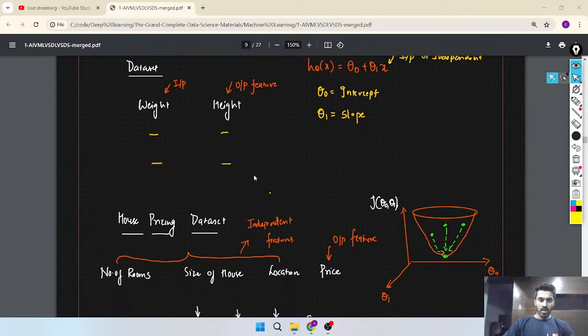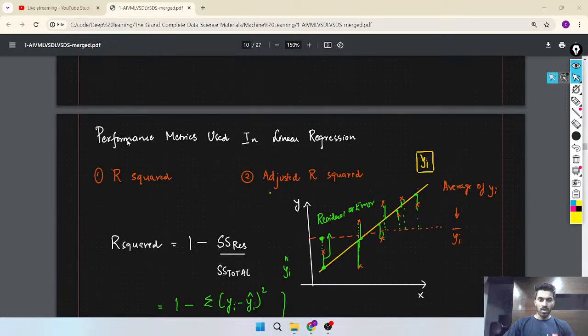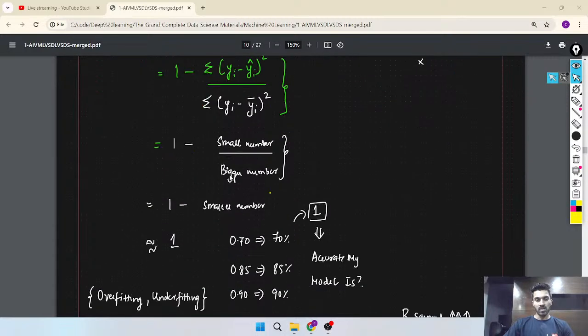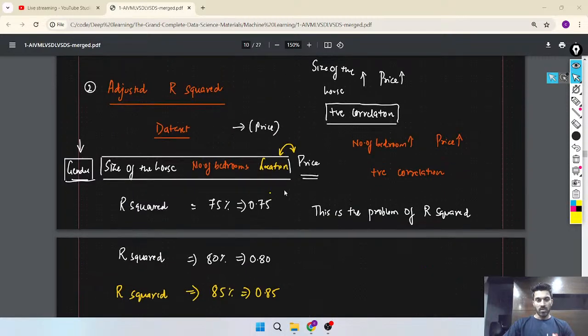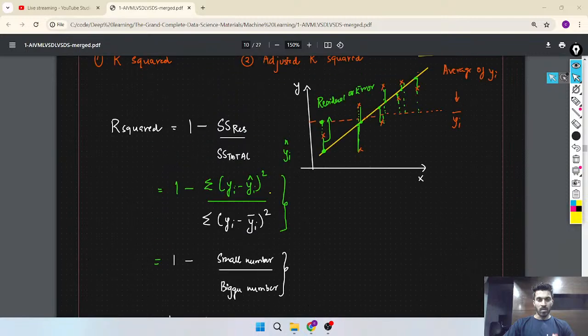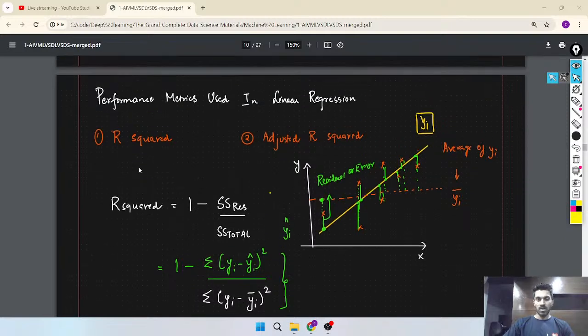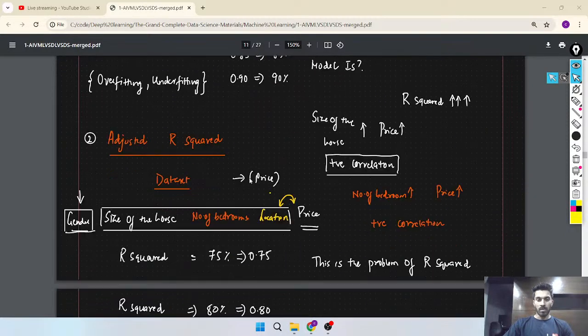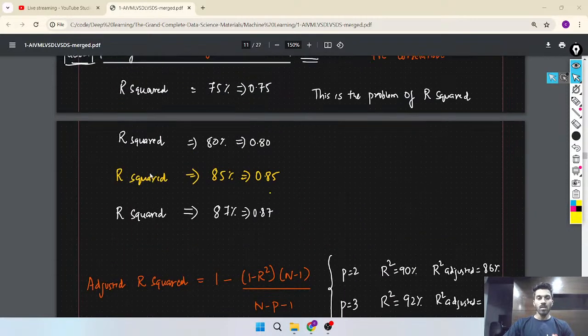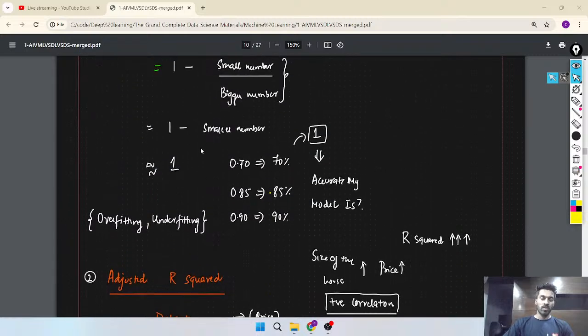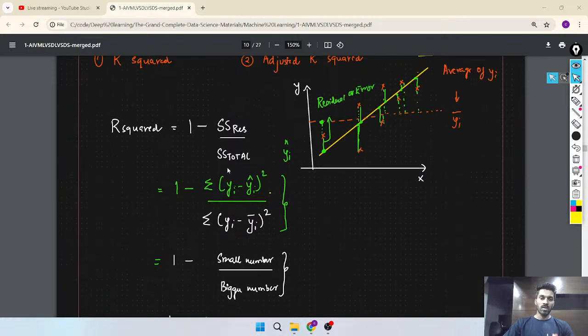I also told you about multiple linear regression, and the performance metrics, like R square and adjusted R square. Based on these we calculate the performance of our model. So in your mind the question will arise: which is better, R square or adjusted R square?